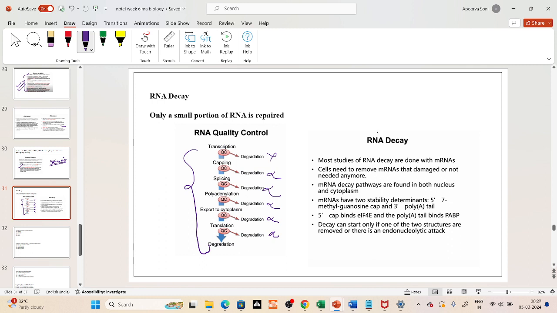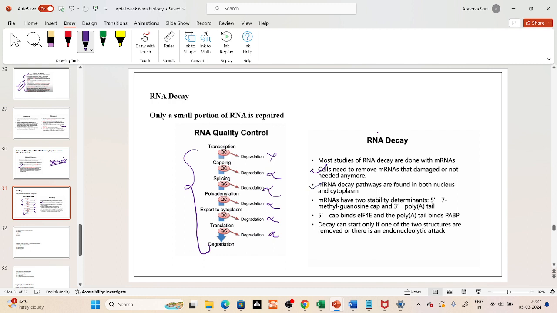The cell needs to remove the mRNA that is damaged or not needed anymore. Any RNA which is damaged or not needed is decayed. mRNA decay pathways are found both in the nucleus and in the cytoplasm. In both, this decay will happen.